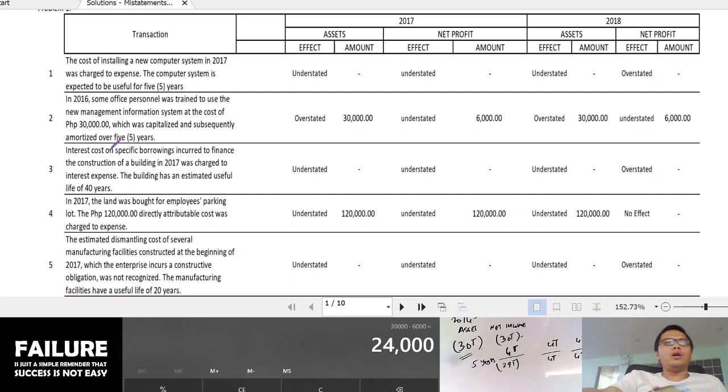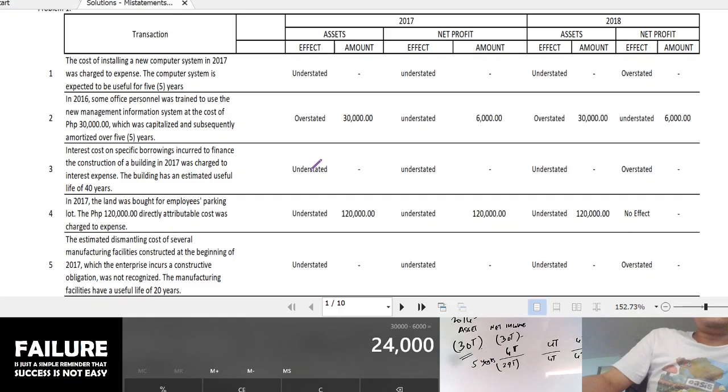So in this particular problem, the company charged this to expense, which should be part of the cost. So parang number 1 lang, di ba? Parang number 1 error lang.